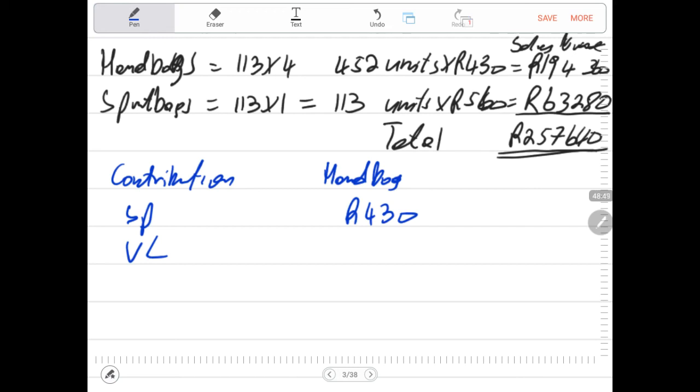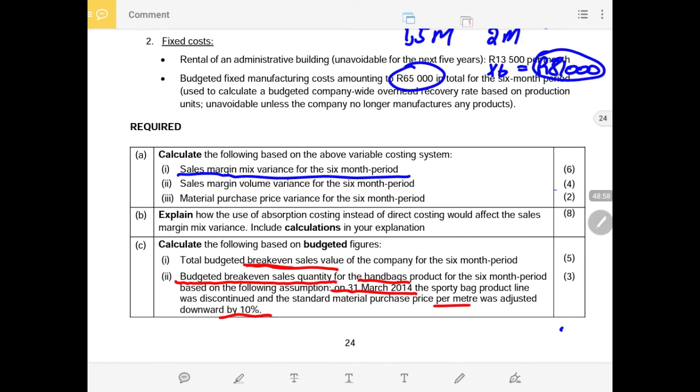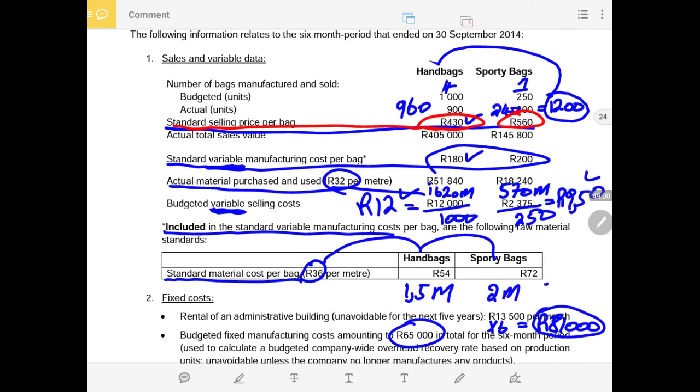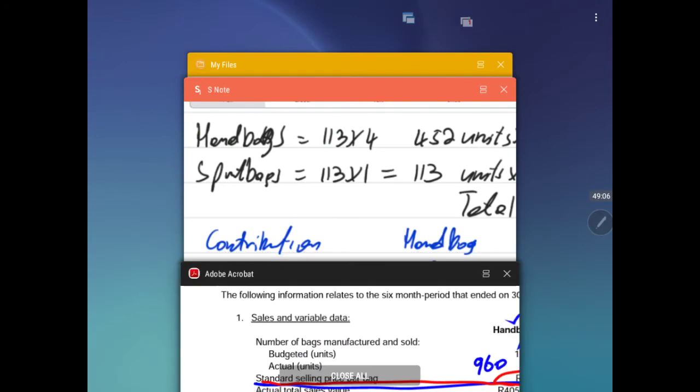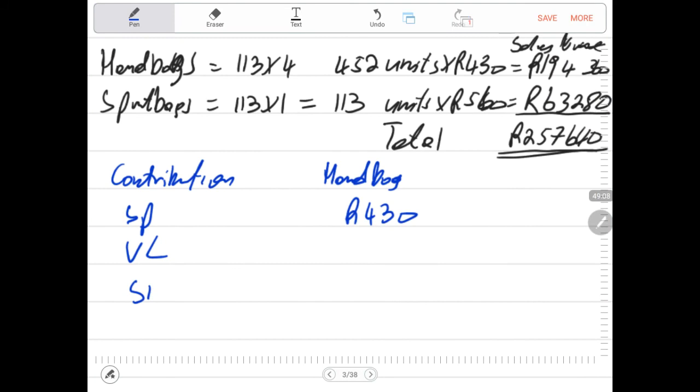We have our standard material cost per bag, which will change. Standard material cost per bag. Then we have our variable selling cost. Our variable selling cost has not changed, it still remains at 12 Rand.